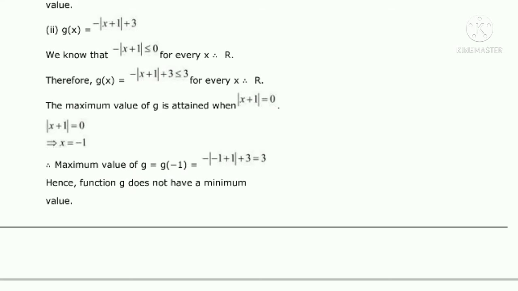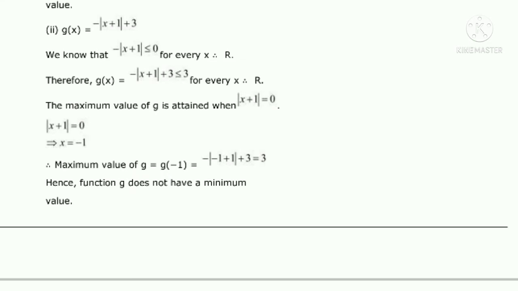So the maximum value of g is attained when the modulus part, that is |x + 1|, equals 0. If it is 0, then we get the maximum value. So |x + 1| = 0, or simply x = -1. Is it clear? This x value we have to put in the given function, which is g(x).